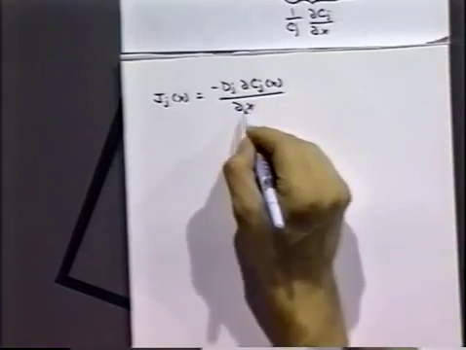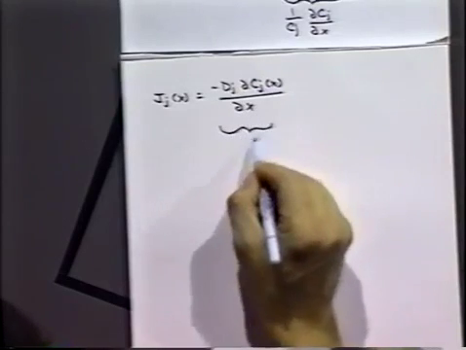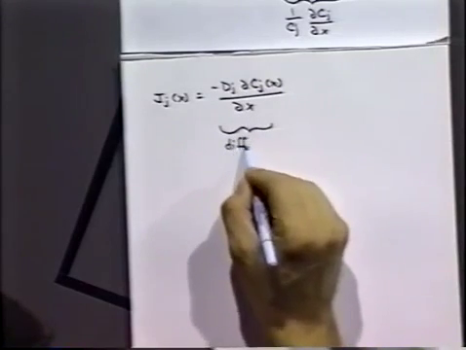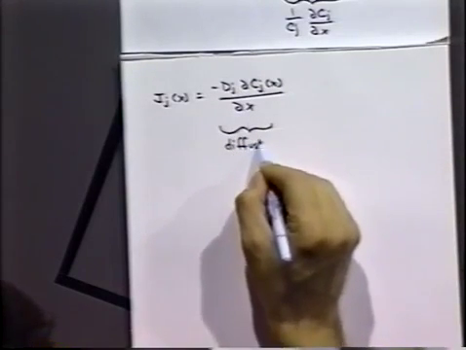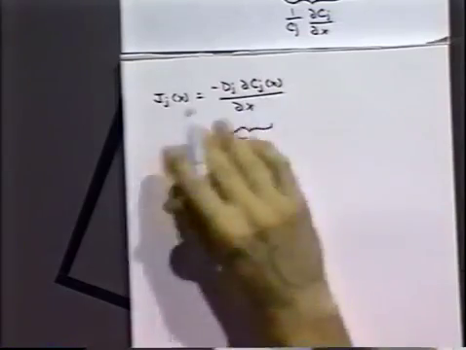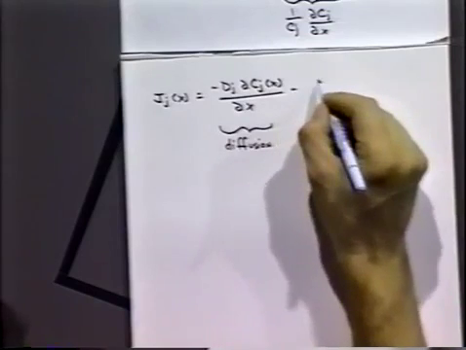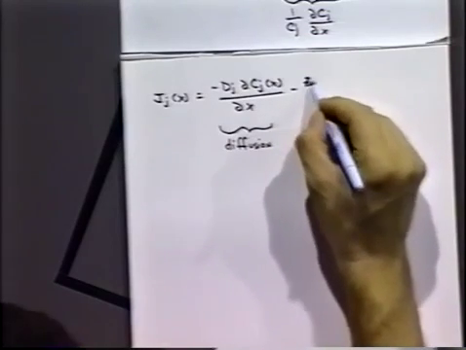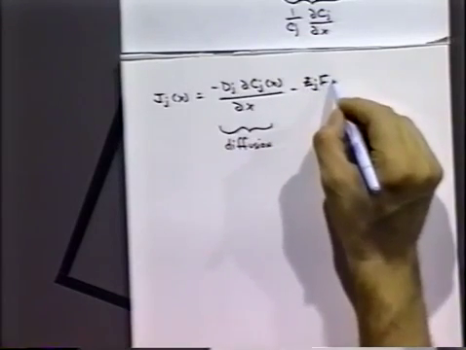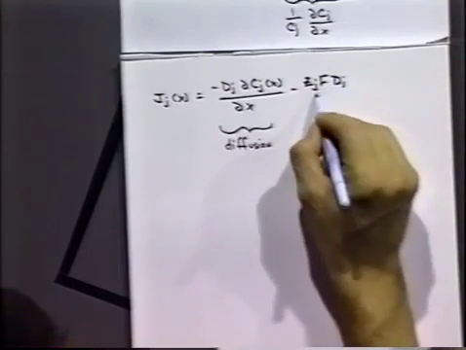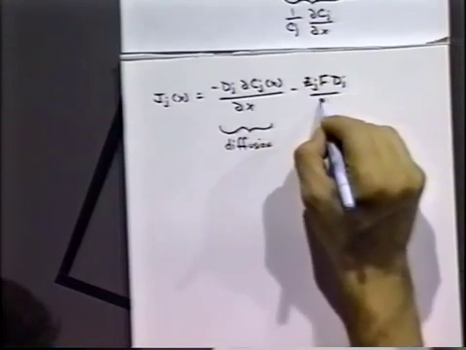So let's write first the diffusional term. Diffusion is movement down a concentration gradient. Then we'll add in the electrical term, which is a migration process.